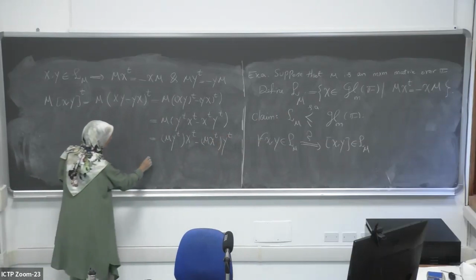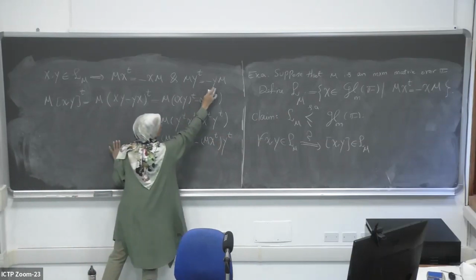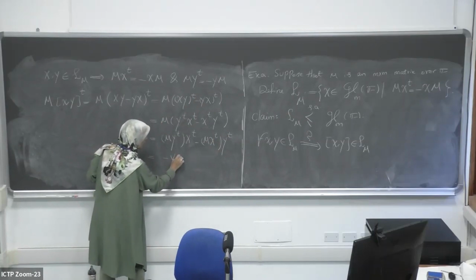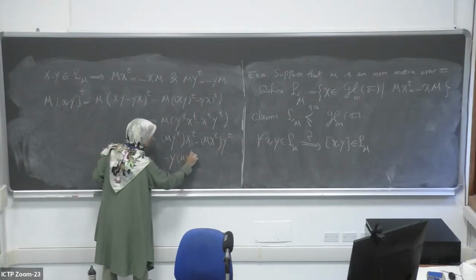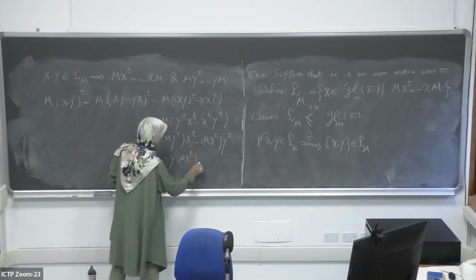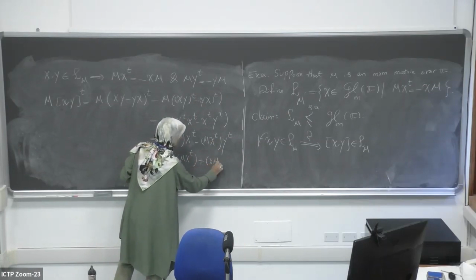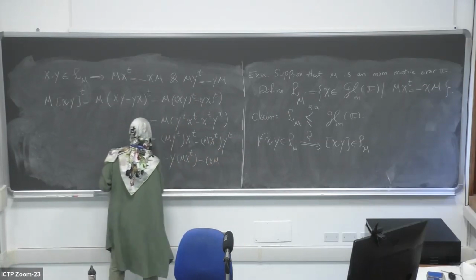M yt is minus yM, so we have minus yM xt, and here we have plus xM yt.